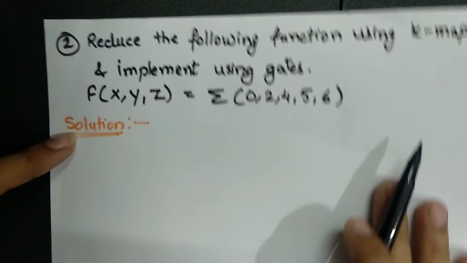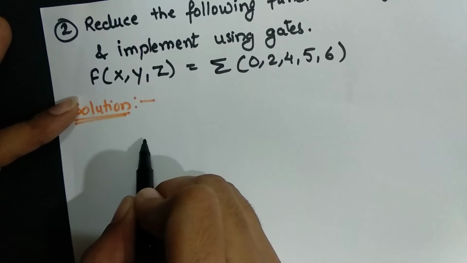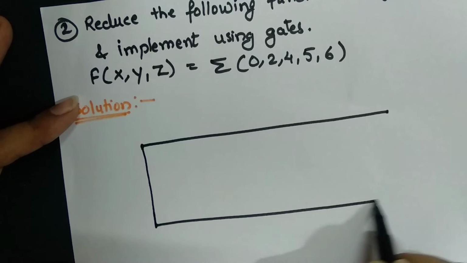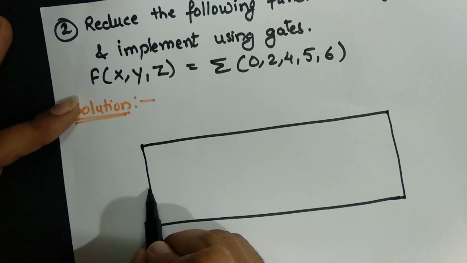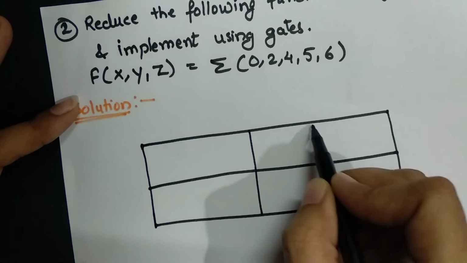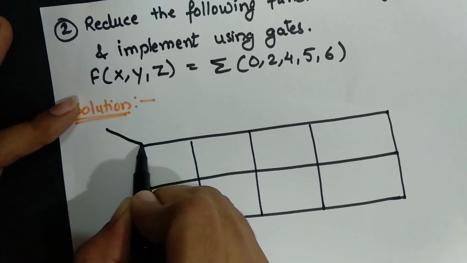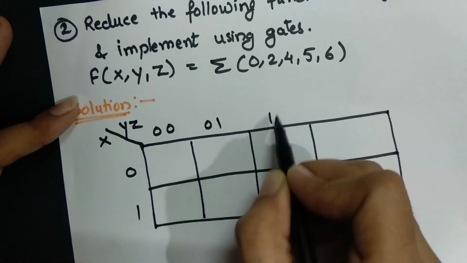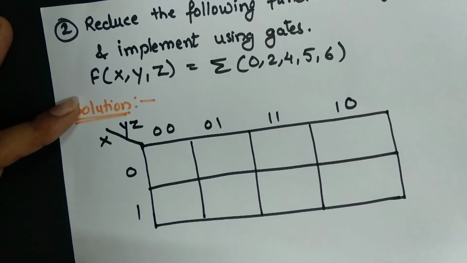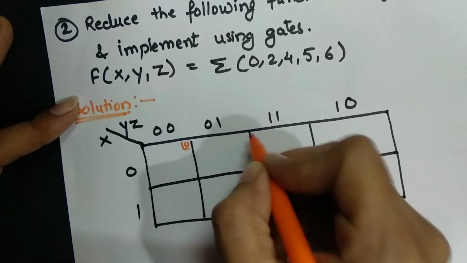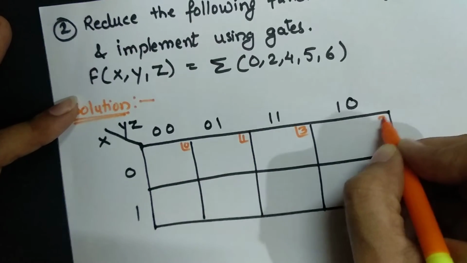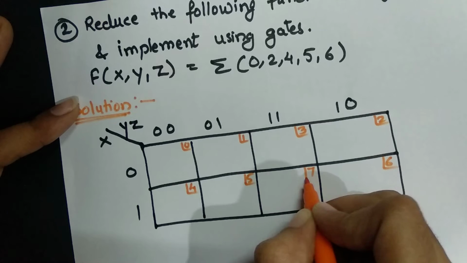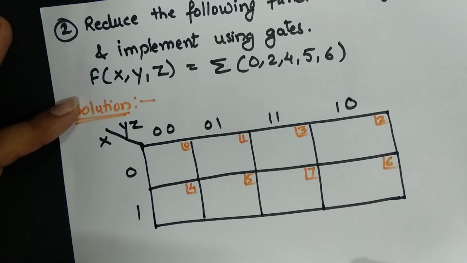We are going to draw the three variable K-map for this. I have drawn the structure for the K-map.